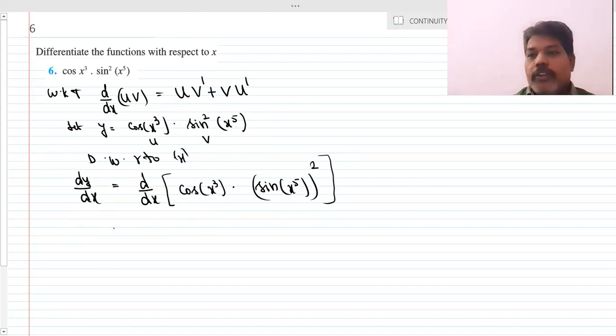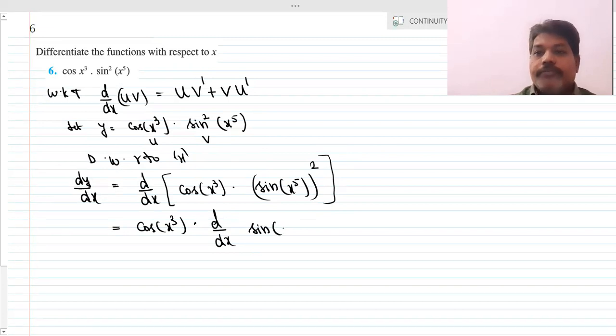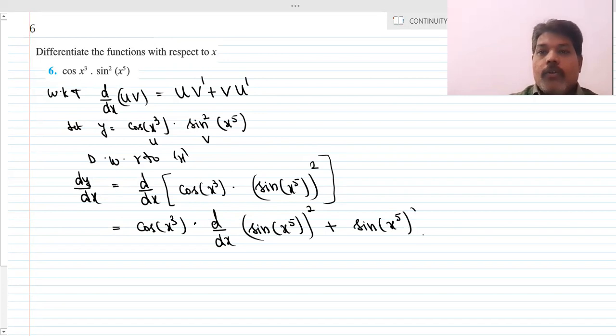So what is the formula? First u, which is cos of x cube, into derivative of v. Derivative of v is sine of x power 5 whole square, plus sine of x power 5 whole square into derivative of u.